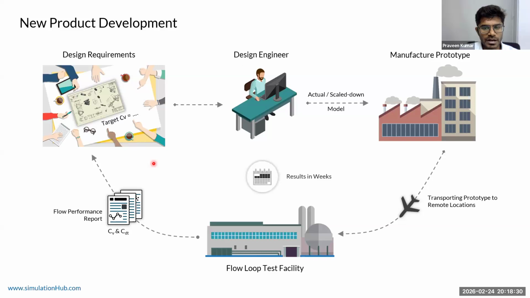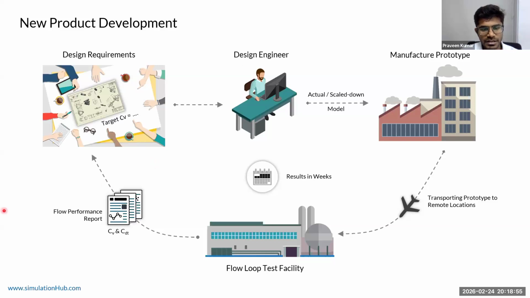It typically takes weeks to get results, and I'm talking only about the testing time. If I include the transportation and the manufacturing, it goes in a queue, right? The flow loop test facilities are limited in number and they have a lot of orders, so your valve test goes in a queue.